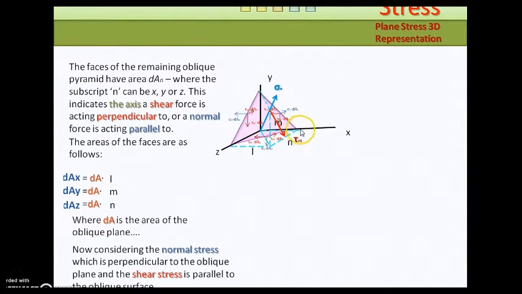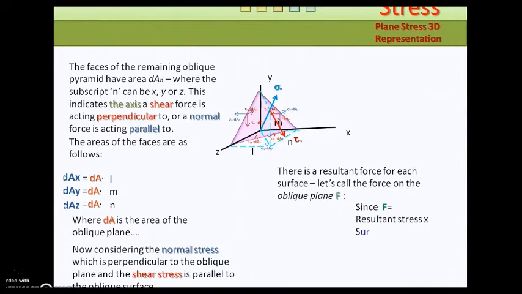So the area of this oblique face here is delta A. And previously we mentioned that the stress is equal to force over area. So if we multiply stress by the area, we are effectively left with the force. And this allows only forces acting on the triangular base pyramid to be considered and resolved.